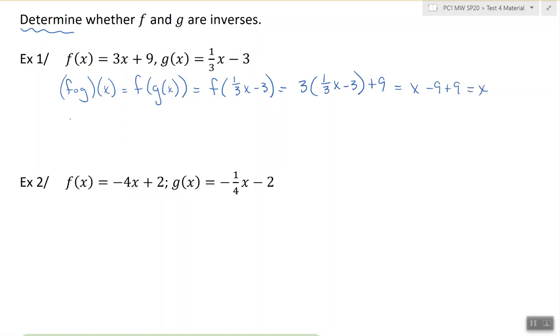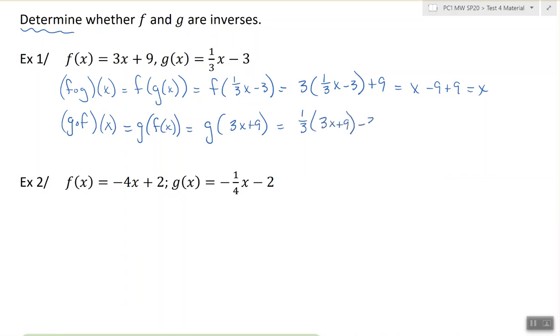So far, so good. Then we take g composed with f of x and do the same operation. We're putting f of x as the input of the g function, and the g function says 1/3 of (3x plus 9) minus 3. So I have x plus 3 minus 3, which is x. Therefore, f and g are inverses.